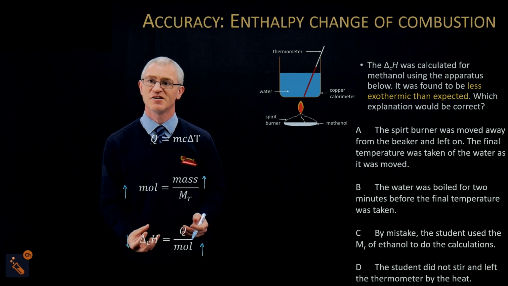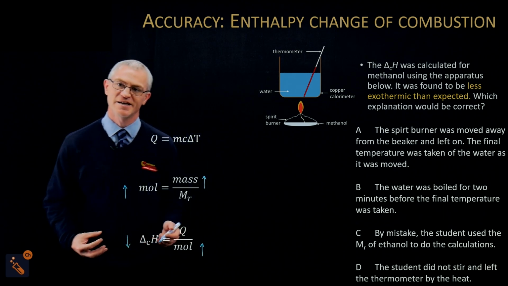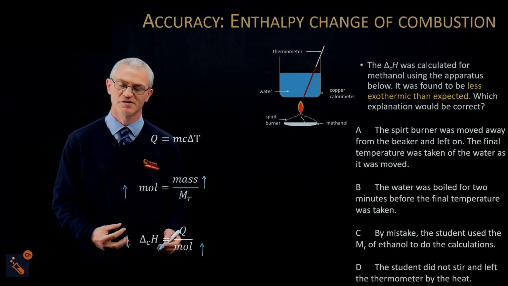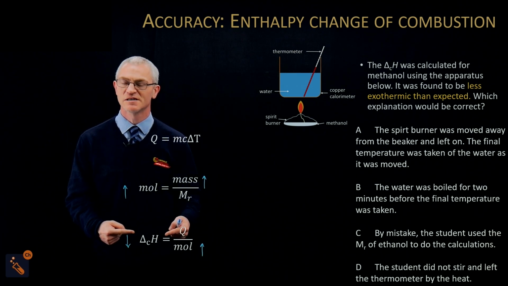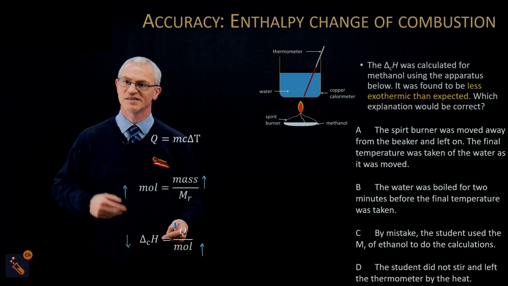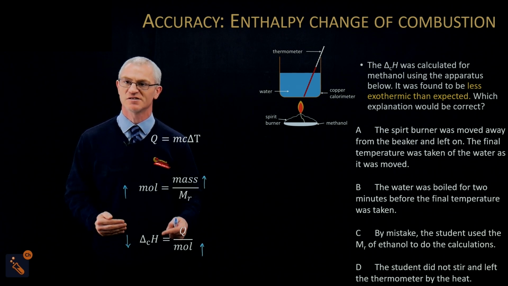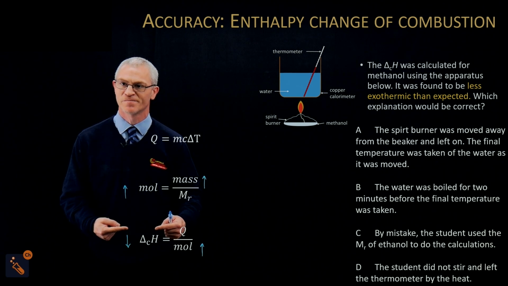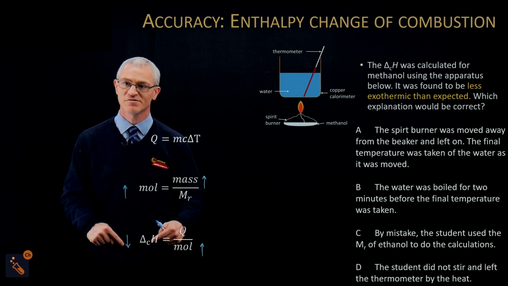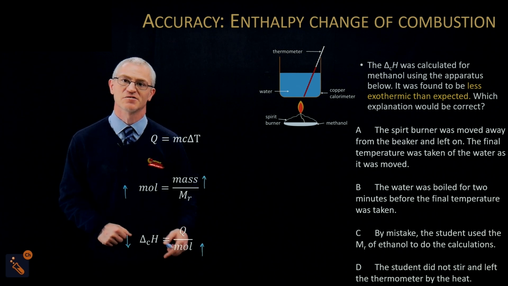Okay, so that number is lower. Now, remember we apply a negative at this point. So if I say, for example, this was 100 normally, should be 100, but I've calculated here it's 50, and then I just put the minus on afterwards. That means minus 50 is less exothermic than minus 100. So if this has gone down, this number, it's less exothermic than expected.